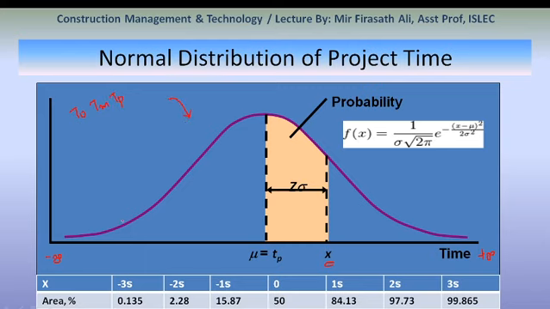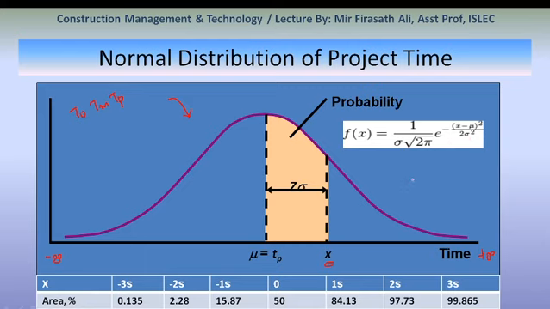This is the normal distribution, or beta distribution curve, for estimating project completion time. The function associated with this curve is f of x is equal to 1 by sigma root 2 pi, e to the power minus x minus mu whole square by 2 sigma square.